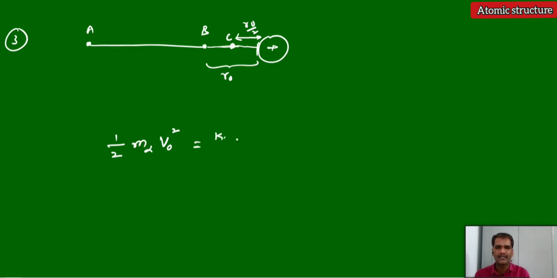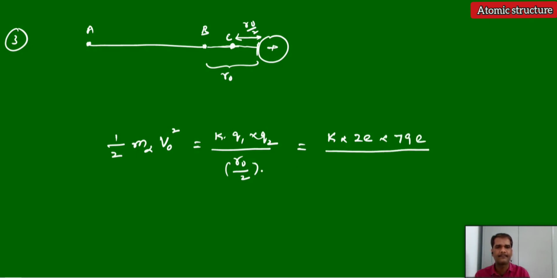Potential energy is K Q1 Q2 by R. What is the R value here? R equal to R naught by 2. Nothing but K into Q1, that is 2e, Q2 79e, by R naught by 2. What is the R naught value? 316 K e square by M alpha V square.